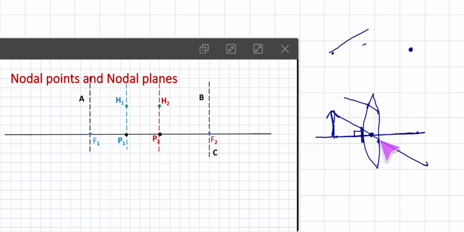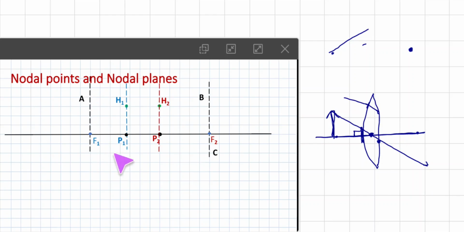Whatever angle is made due to refraction at this point, the same and opposite angle is made at this point, so there is no deviation. That concept is important for nodal points.